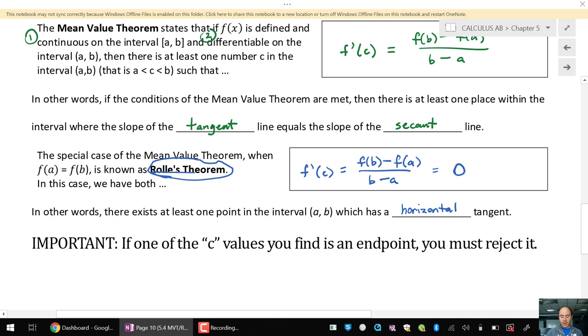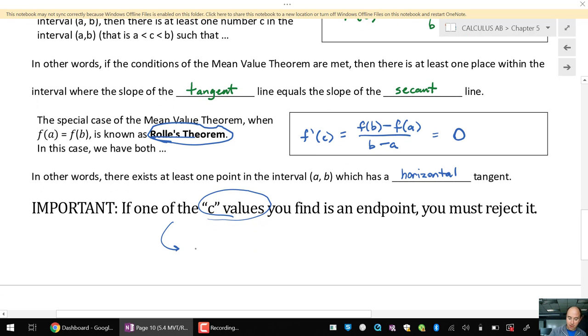Now, one last note here. If one of the c values, if one of the values on the interval that you discover is actually an endpoint of the interval, we have to reject it. MVT will only guarantee the existence of a derivative in between the endpoints, so on an open interval.